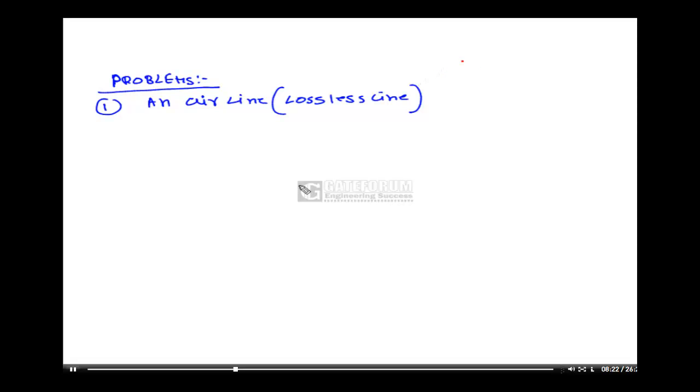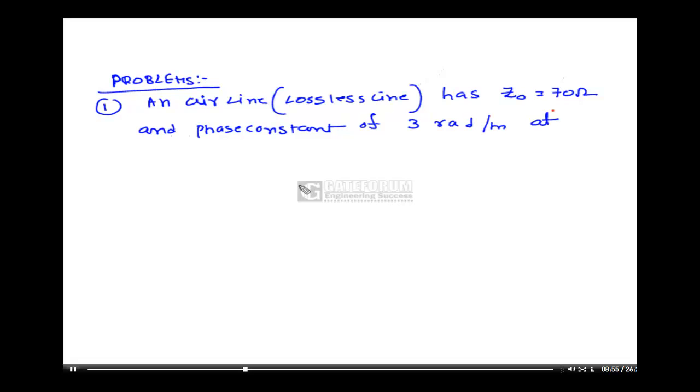So an airline has characteristic impedance Z0 equal to 70 ohms and phase constant of 3 radian per meter at 100 megahertz.